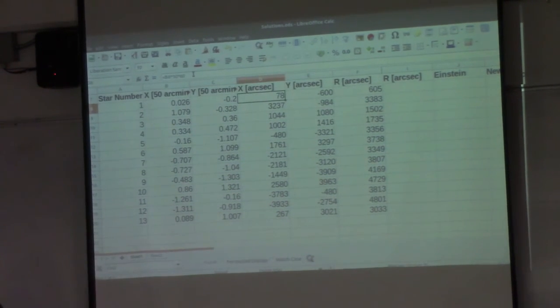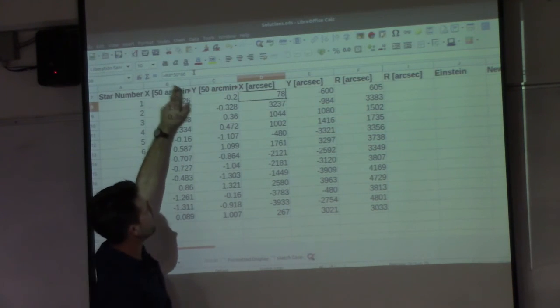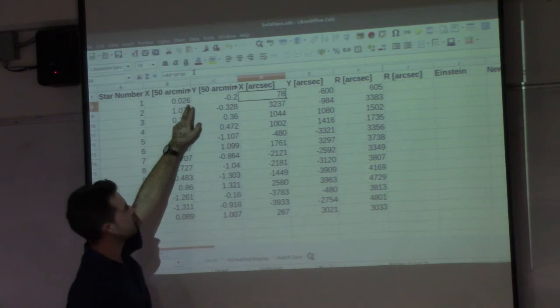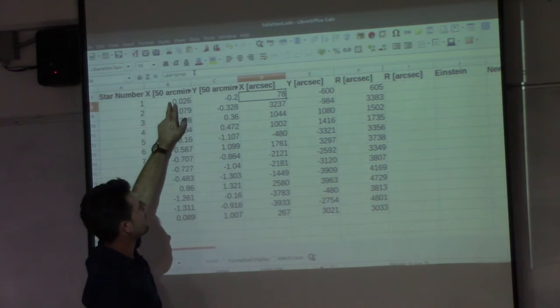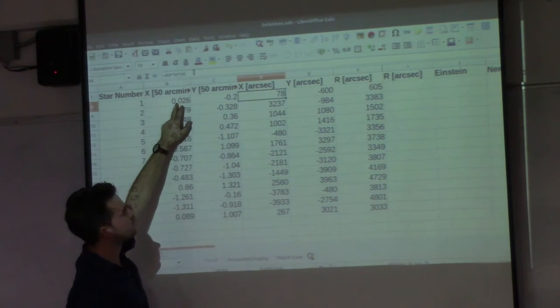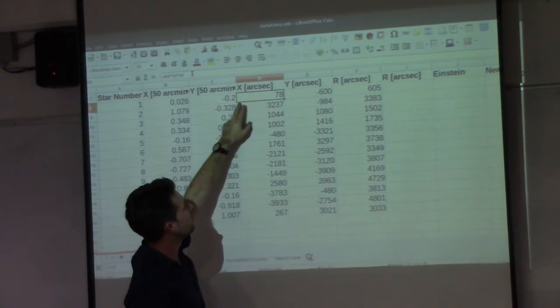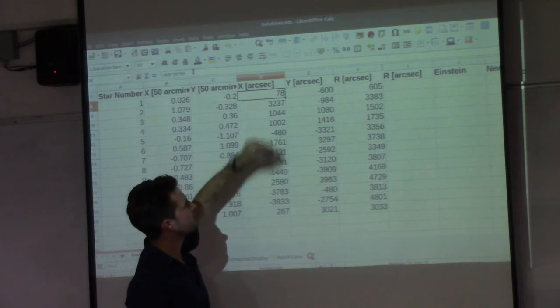Then all I had to do, you can't see it here, but basically take this number and convert it into arc seconds. It is in units of 50 arc minutes, so you multiply it by 50 and then multiply it by 60, and you get the distance in arc seconds.